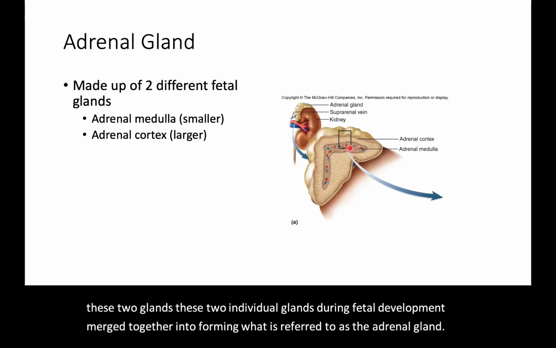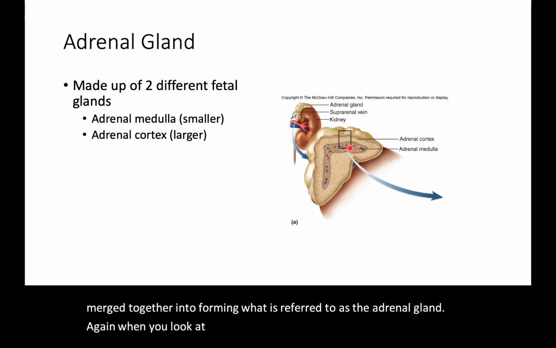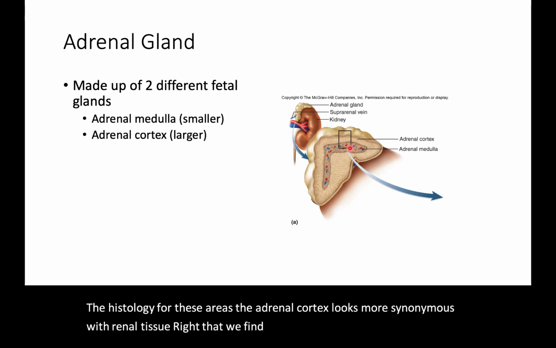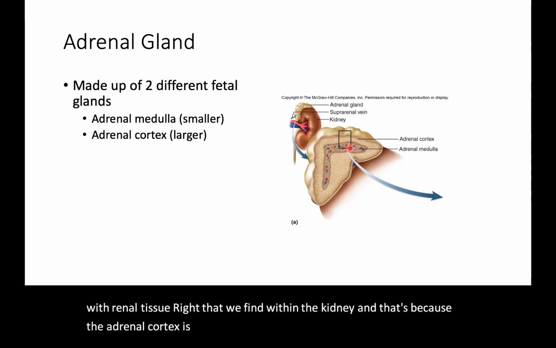Again, when you look at the histology for these areas, the adrenal cortex looks more synonymous with renal tissue that we find within the kidney, and that's because the adrenal cortex was associated with the kidney during fetal development.